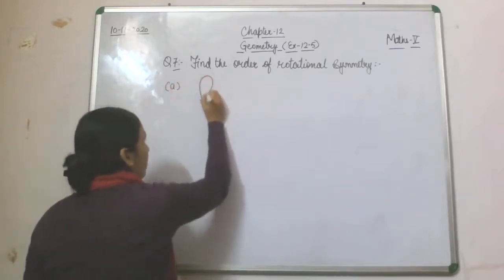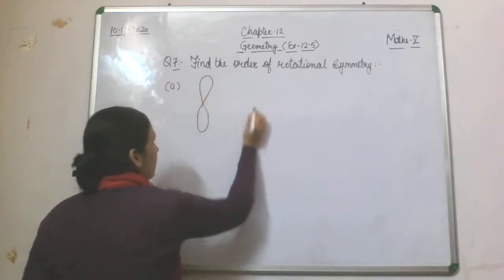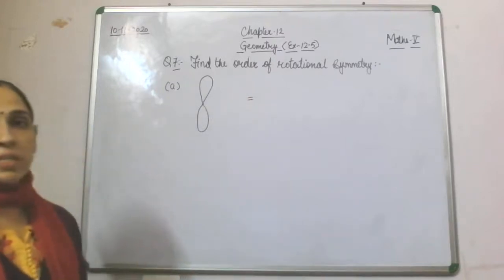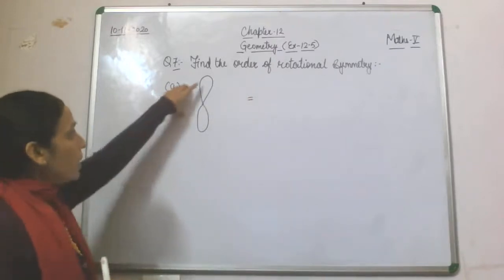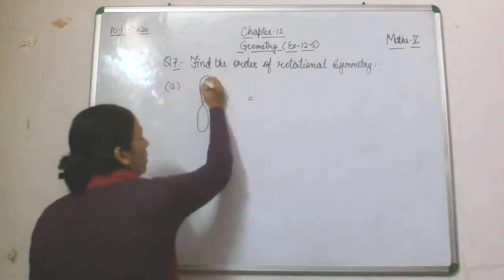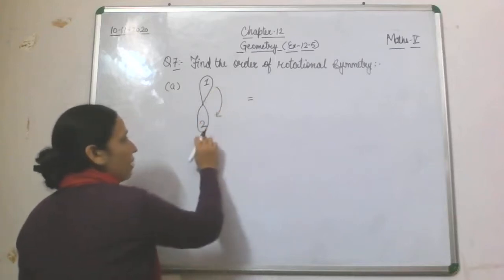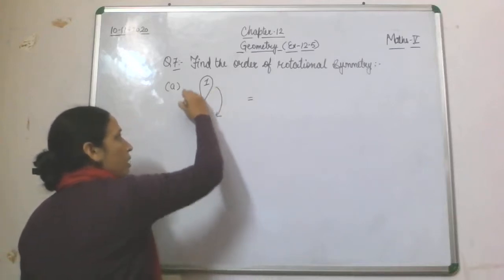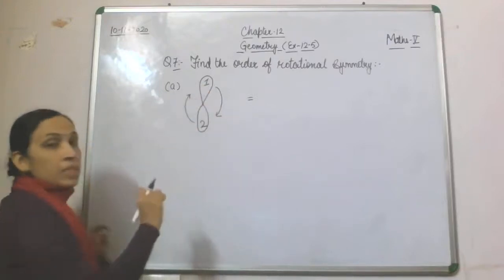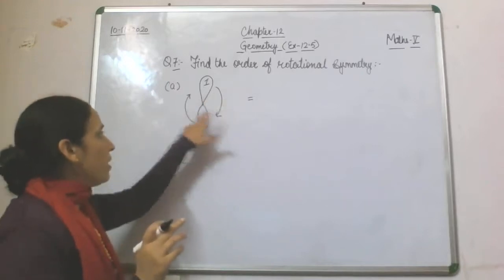In A part, you have been given this kind of figure, and now you have to write the order of rotational symmetry. Now if I put 1 here and 2 here, and I rotate it once, 1 will come here, and when I rotate once again, then 1 will go to the original position. So what is the rotational symmetry here? 1 and 2.